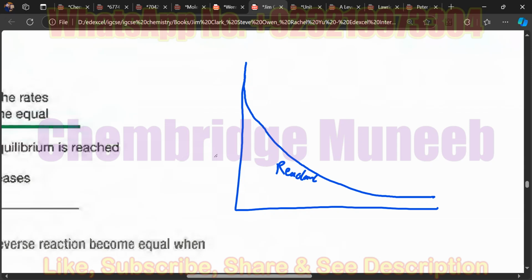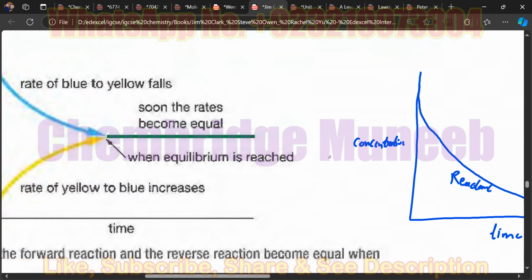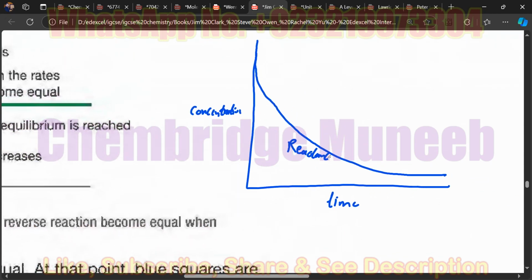The y-axis indicates the concentration, and the x-axis represents the time. We can also say it as the amount, or we can say it as the concentration. The concentration or amount of the reactant falls as the time passes.